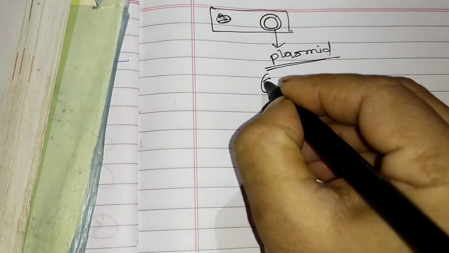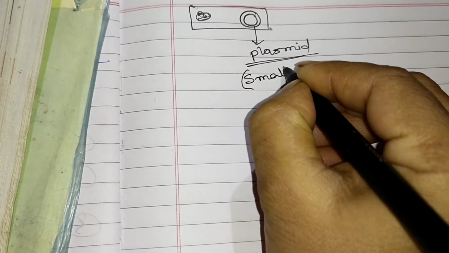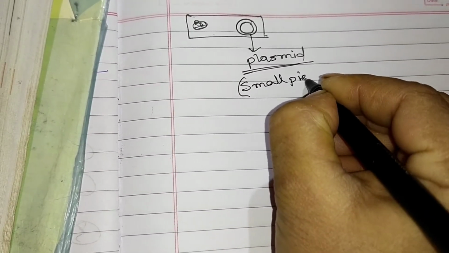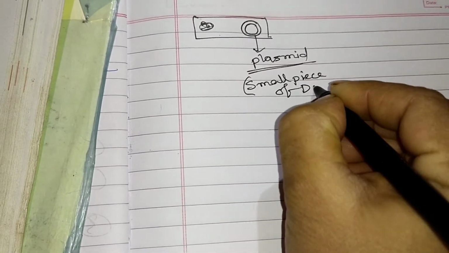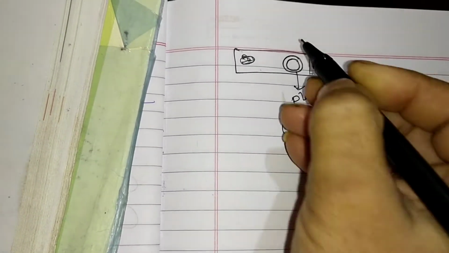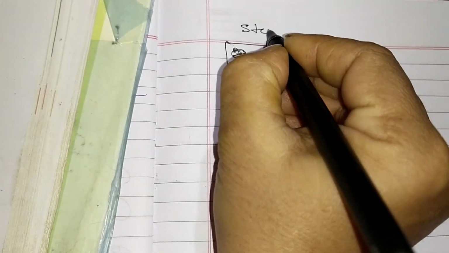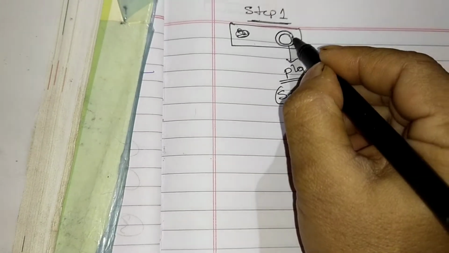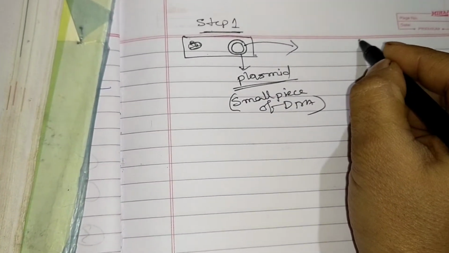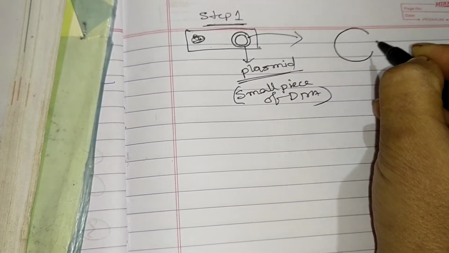So it is actually a small piece of DNA. Okay, this one is step one. Now what are we doing here? This plasmid is working as a vector.